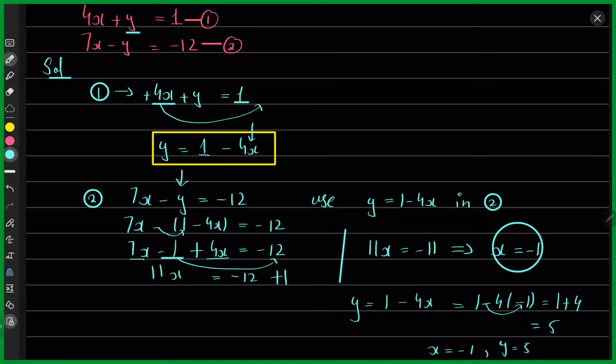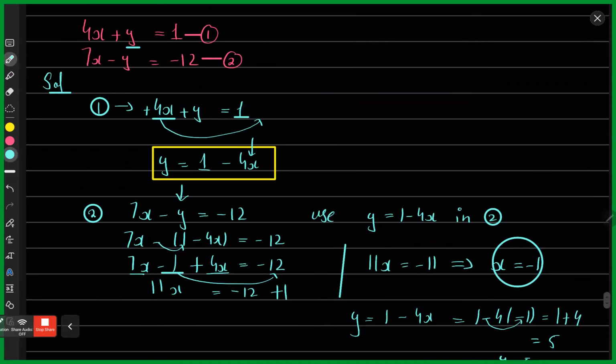Okay, so this is basically again about solving the pair of simultaneous equations, and you guys can use any method. It's completely fine as long as you are easily able to find the value of the unknown variables.